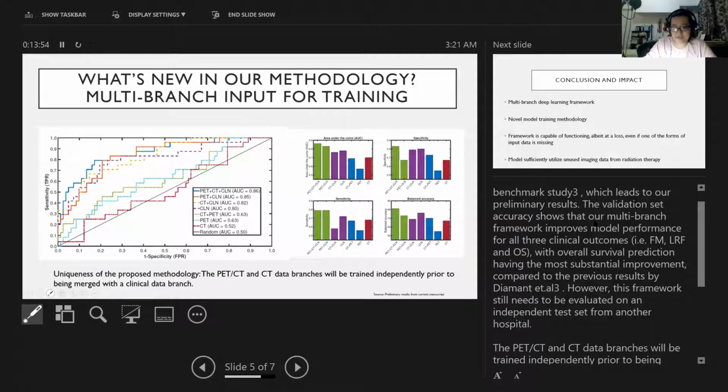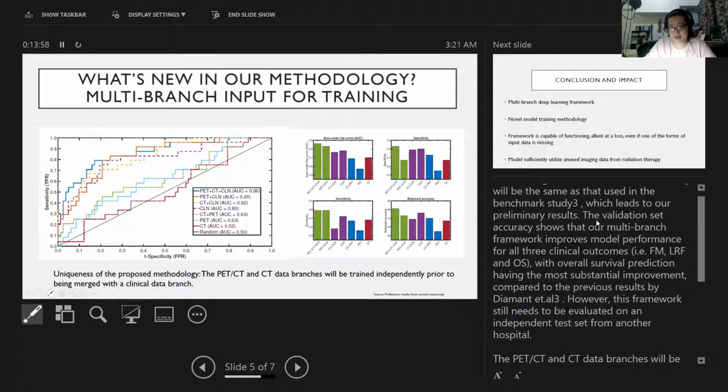So from this, we basically showed preliminarily with the validation results that having a multi-branch deep learning model will obtain results better than a single branch model, which is pre-treatment CT data, compared to our current 3 branches: the PET CT, CT, and clinical information.